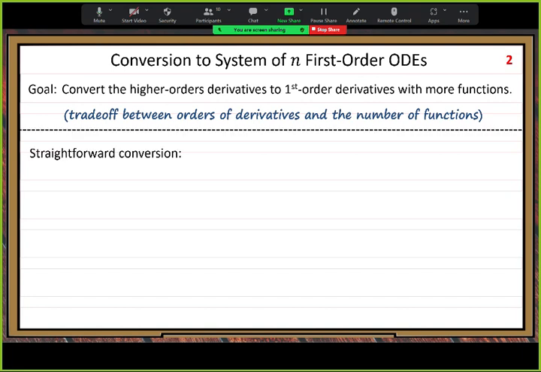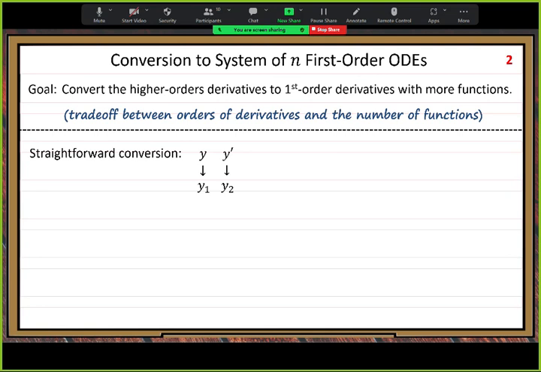Pretty straightforward conversion, not hard to understand. Look at this. For y, we just use y1 to represent it, the first function, because we need subscripts for different functions. Then y prime is y2.